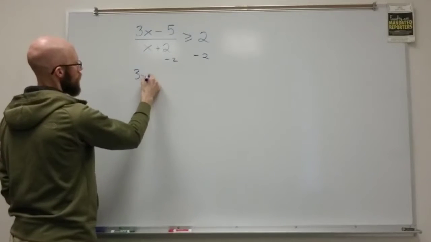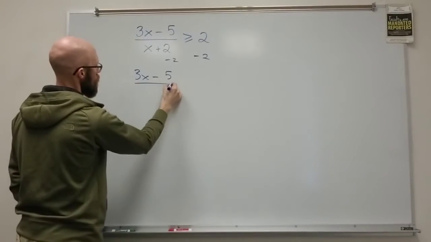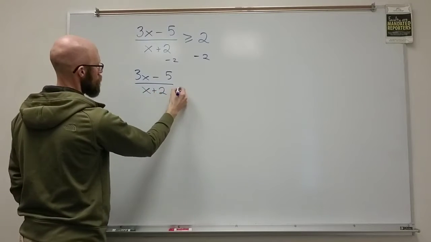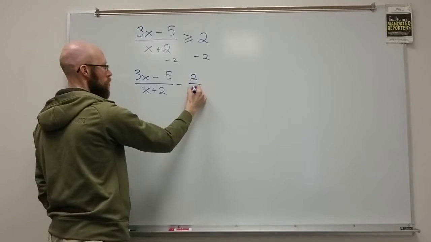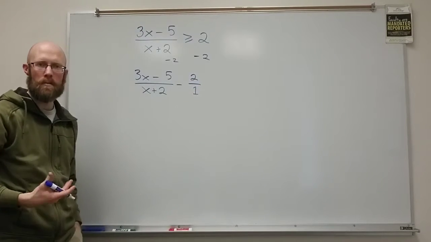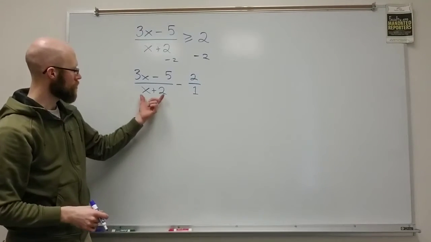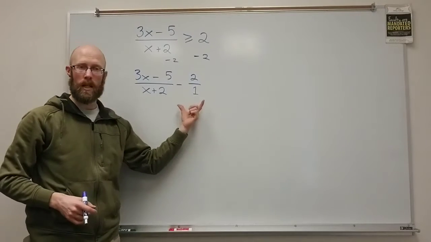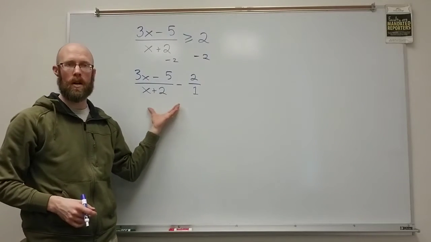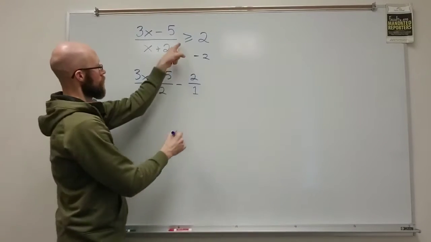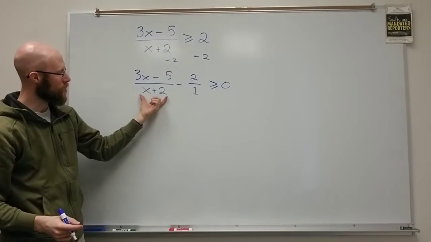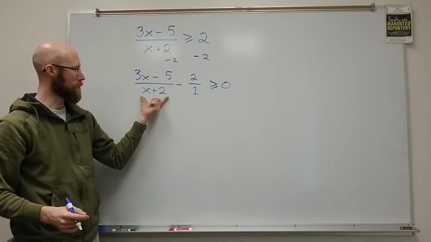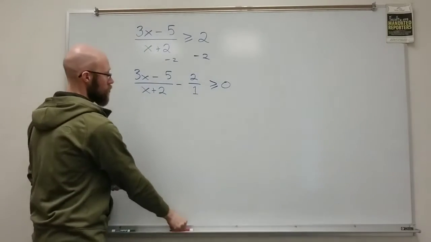That gives me 3x minus 5 over x plus 2 minus, now I'm going to write that as 2 over 1, just to make it a fraction. Now, to combine these in order to get a single rational function, and of course I've got greater than or equal to 0 here, I need to multiply top and bottom by the x plus 2, right?